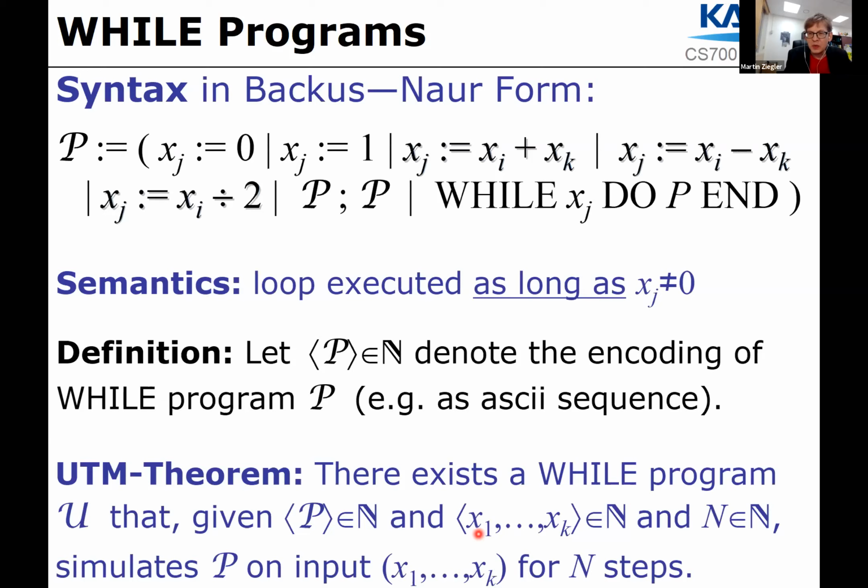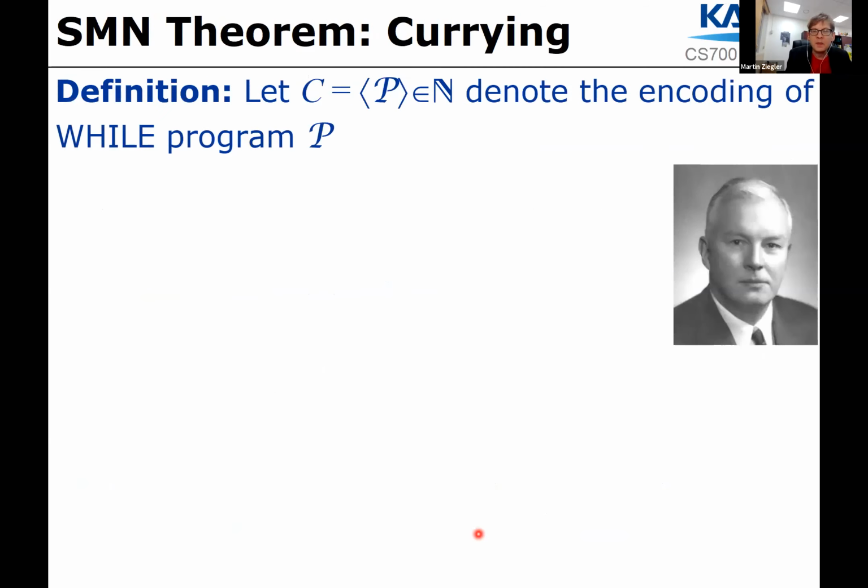So to continue the discussion, I want to talk a little bit about currying, that is basically type conversion, right? Currying is named after Curry-Haskell, right? So there are two famous things named after him.